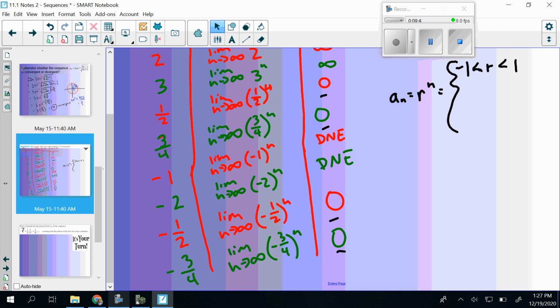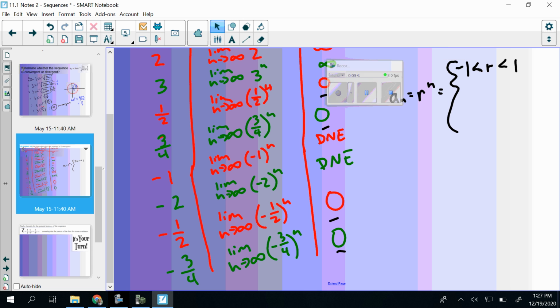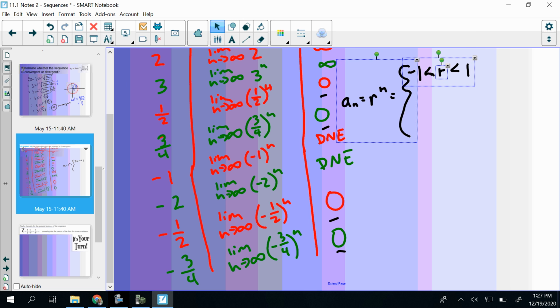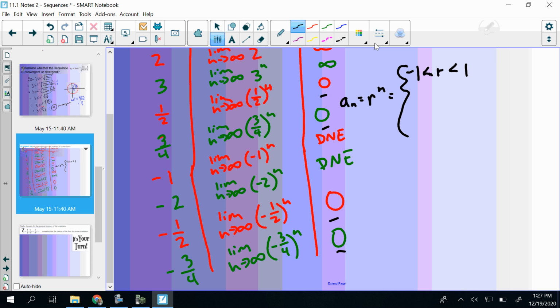So the result of all these ones is going to be convergent, or converge to 0. So any r, when r is between -1 and 1, it's going to converge to 0.